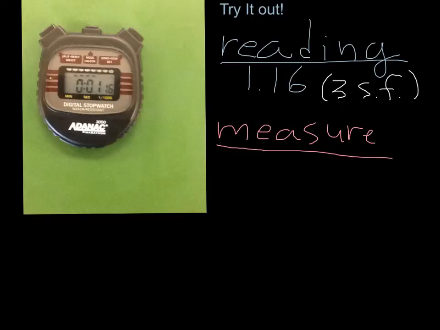All right, let's see how we did. If you said that the measurement you would be recording based on this reading is 1.16, then you are correct, because this stopwatch has a digital display. It's right there.